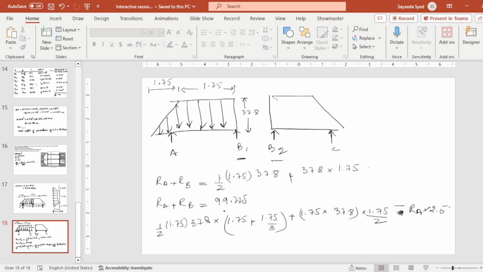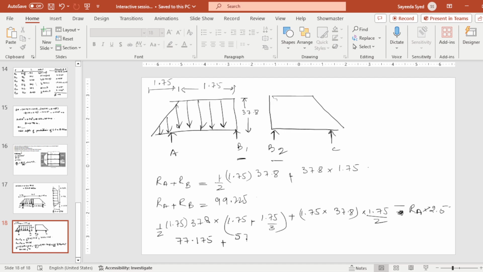So we will get 77.175 plus 57.88 minus 2.5 RA.